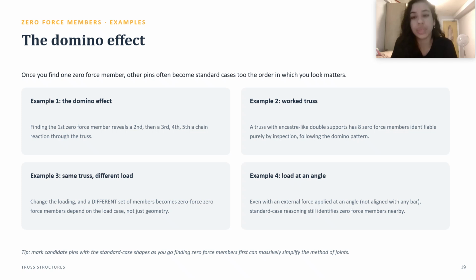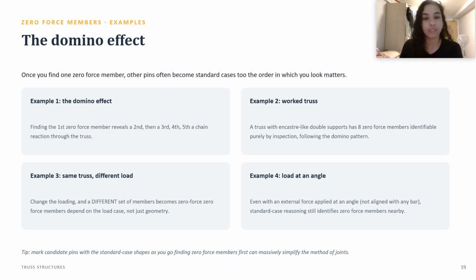Now, the cool thing about zero force members is if you find one zero force member in a truss, then you can reveal another zero force member by removing that zero force member. It's called the domino effect.